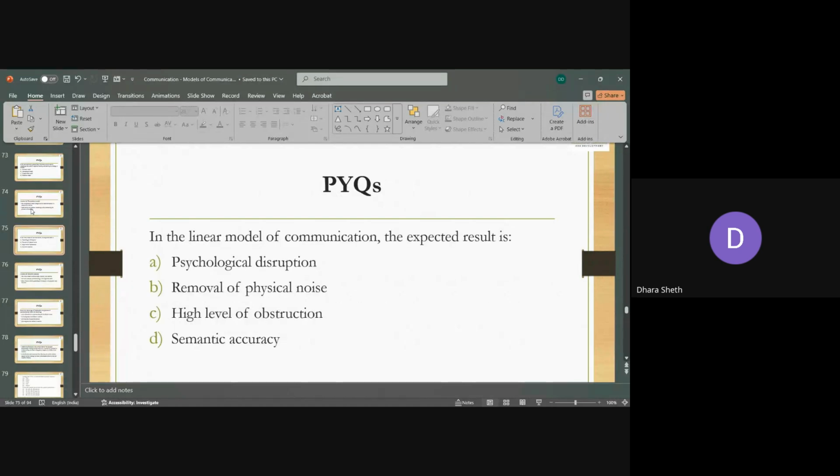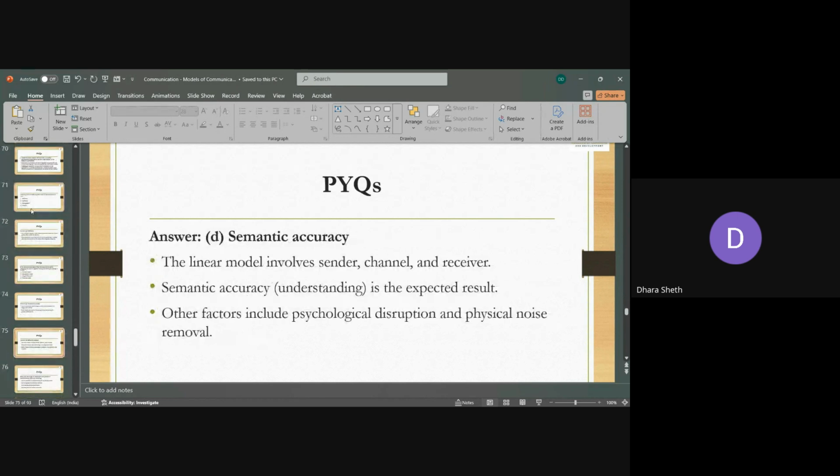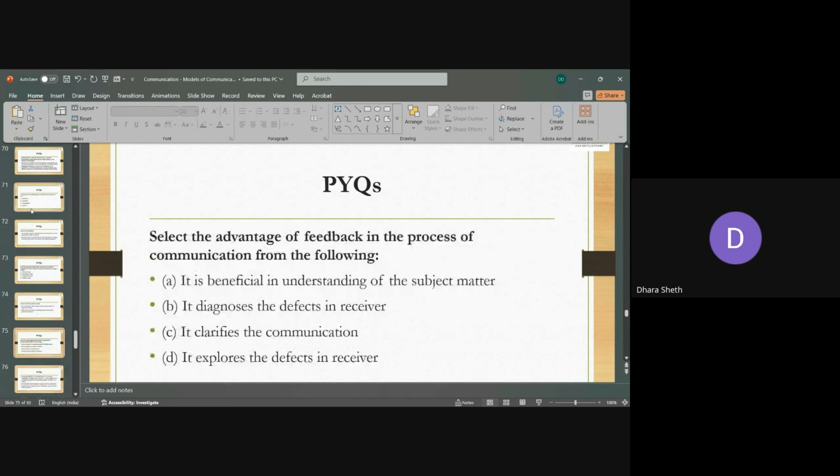In the linear model of communication, okay, this is a repeated question. Select the advantage of feedback in the process of communication. What is the advantage of feedback? It is beneficial in understanding subject. It diagnoses the defects in receiver.